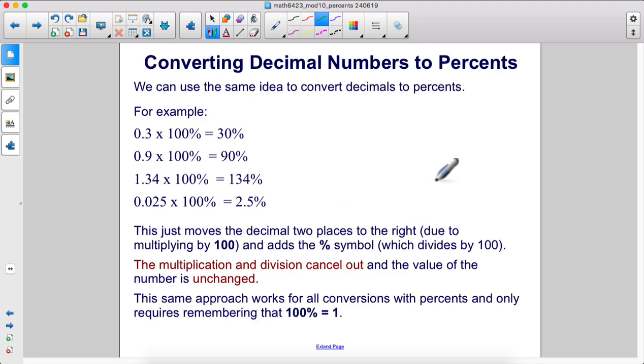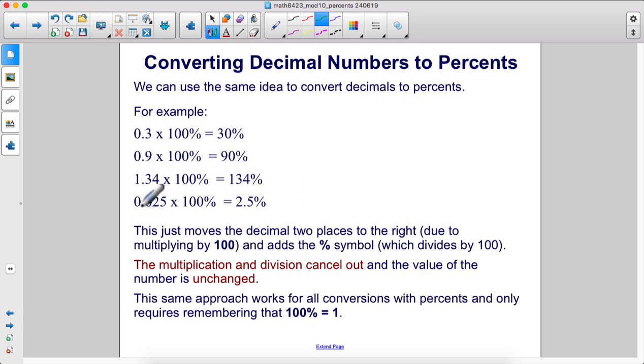We can use the same idea to convert decimals to percents. For example, 0.3 times 100% equals 30%. 0.9 times 100% equals 90%. 1.34 times 100% equals 134%. And 0.025 times 100% equals 2.5%.